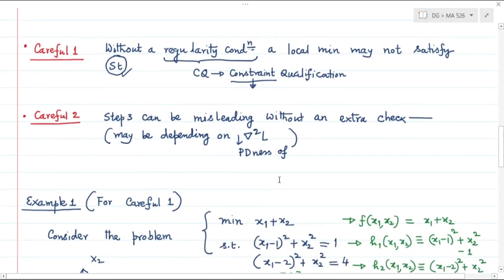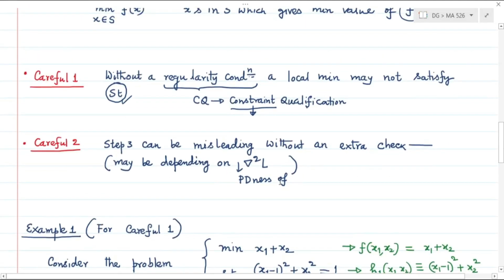Next, what are the particular regularity conditions that we need to impose on the objective and constraint functions? And similarly, in step 3, what should be an extra check such that a point in the set S must be a local minimum point?